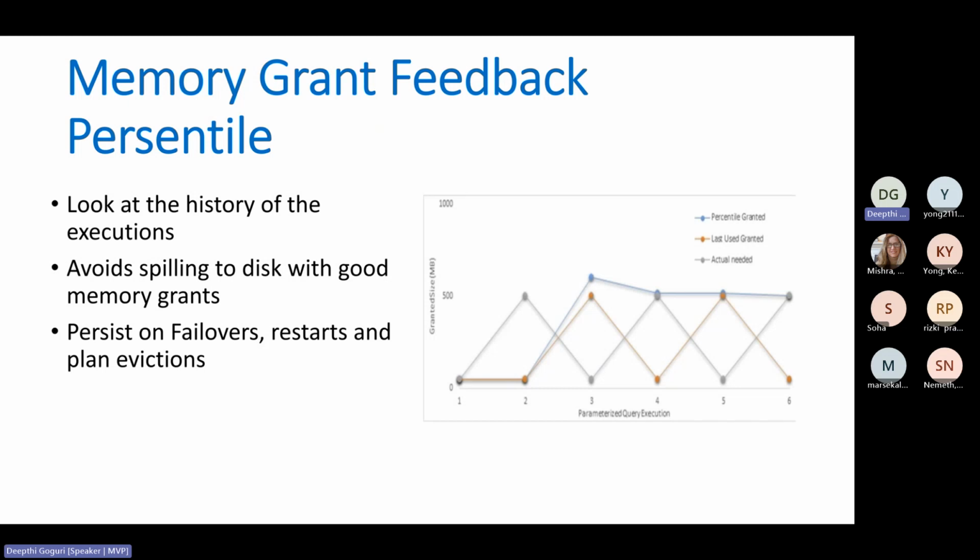So basically, for example, if you are running a query, it will first check if that query is actually eligible for the memory grant feedback. If it is eligible, it will start collecting the data.